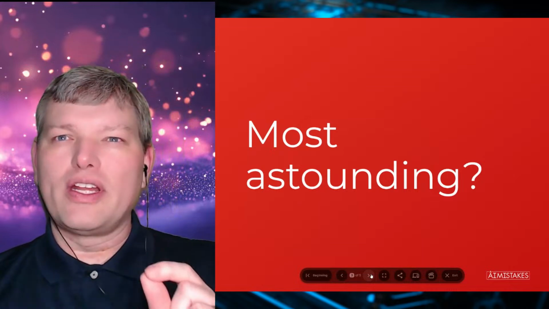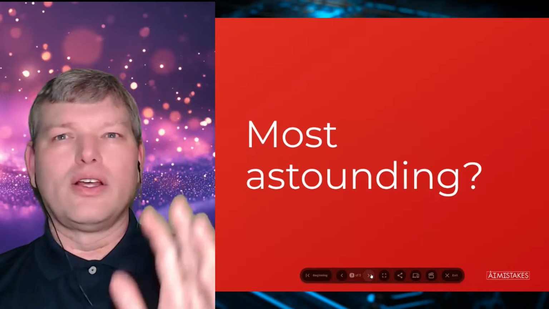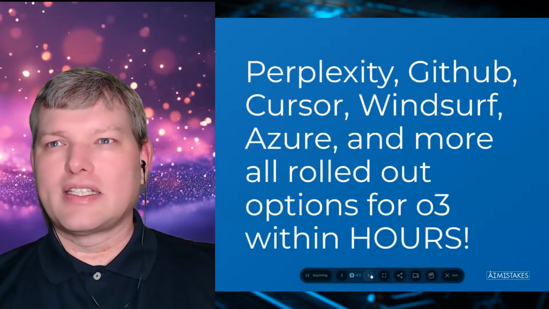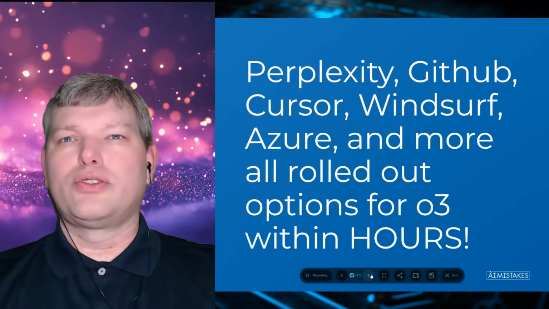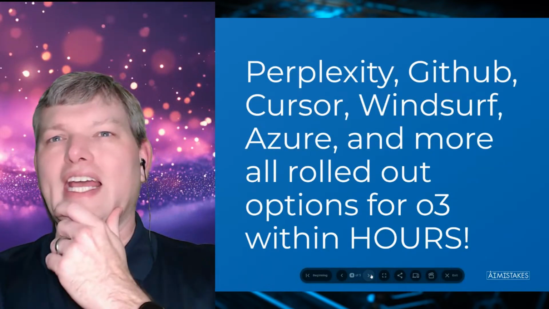But you know what I'm actually most blown away by is how extraordinarily fast all of the changes around O3 and its release have been incorporated to all of the big names.